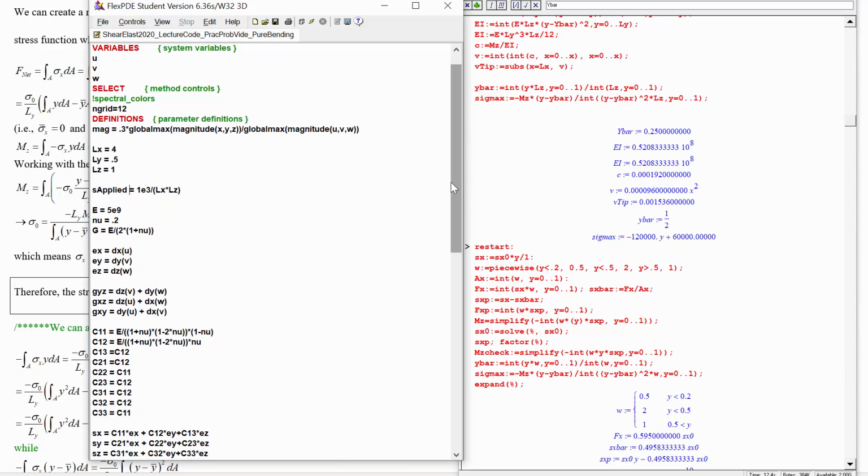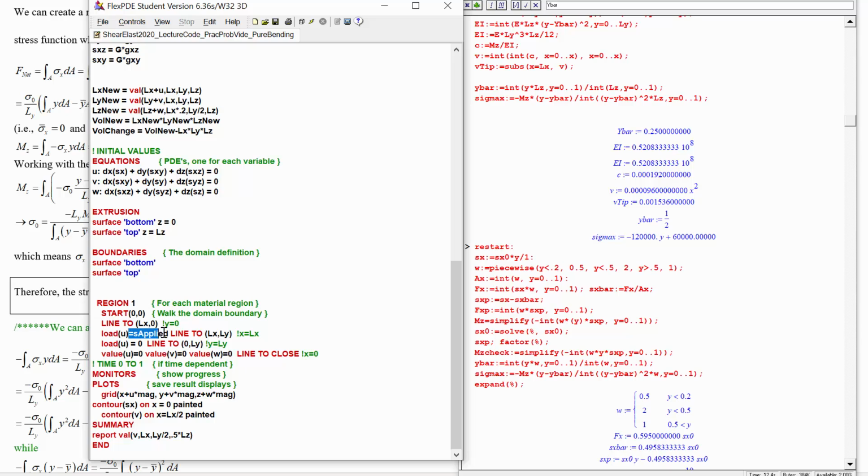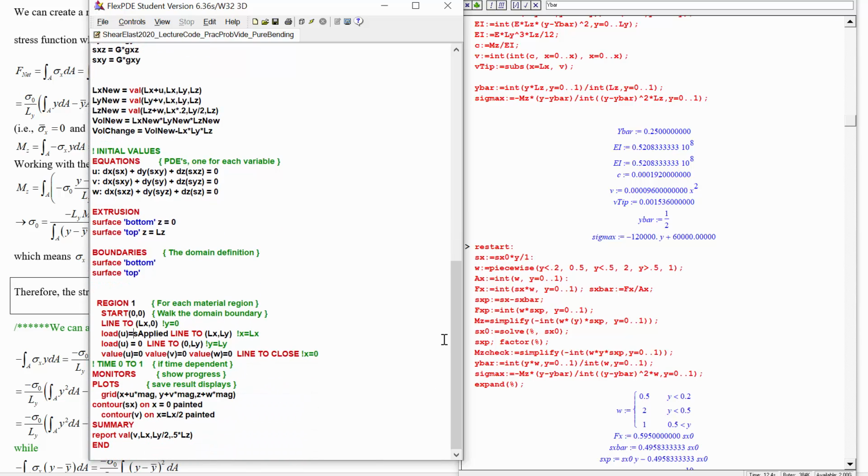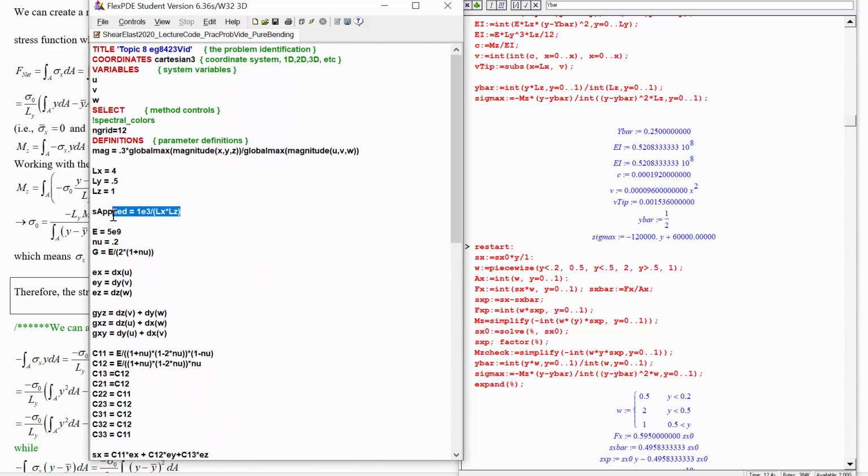So it's on a positive x surface, so we need to apply positive that stress to that surface in the x direction, and it'll apply as tensile. If we were putting it on the x equals 0 surface, because the outward normal is in the negative x direction, we need to put negative s applied on that surface to get it to work. But on positive x, we can just put s applied, and it should be all good to go.